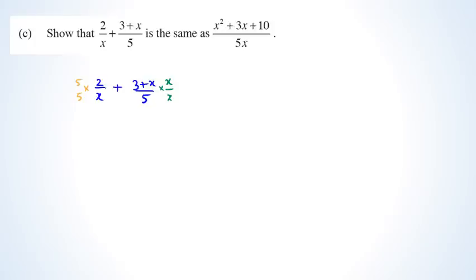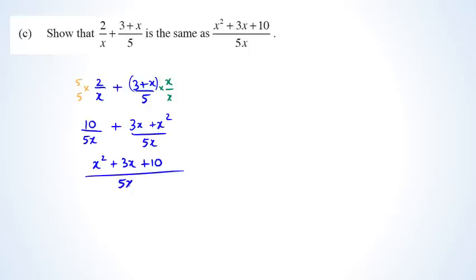So then what I have is 5 times 2 is 10, 5 times x is 5x, and 3 times x is 3x, and then x times x is x squared, and that's all divided by 5x. Putting this whole thing in one bracket, it's x squared plus 3x plus 10 divided by 5x. That's how you do this question.